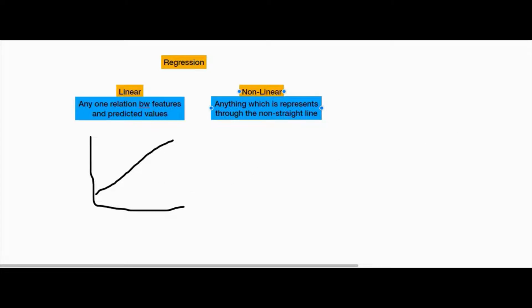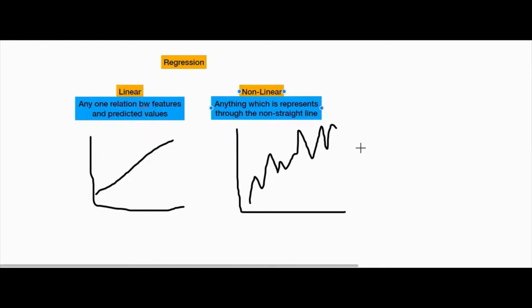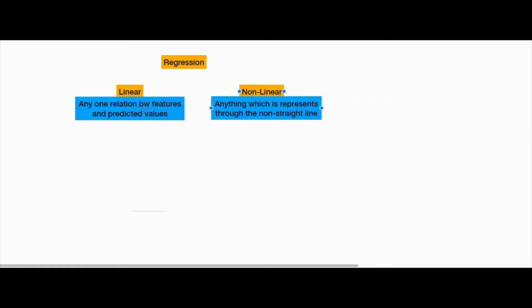Now we also have non-linear, which can look like this one. It is more like stock price data. So this is non-linear and linear regression. Let's remove this from here.